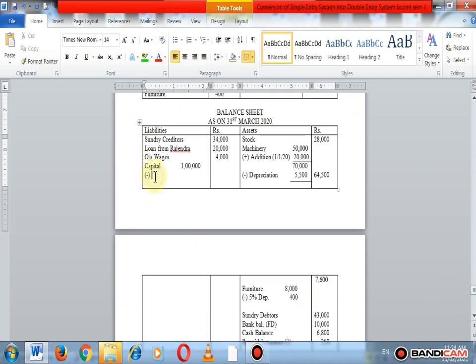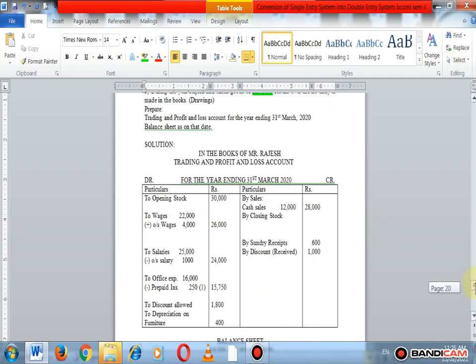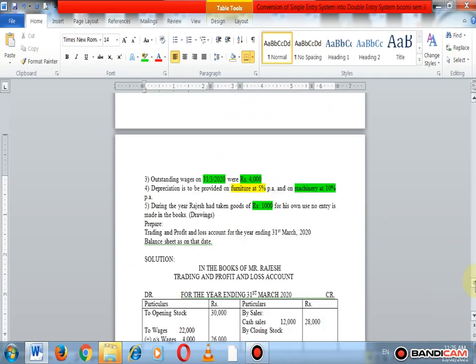Here drawings 14,000, then in adjustment 1,000 goods, or amount of 1,000 goods, was taken by Mr. Rajesh, so it is also deducted from capital.